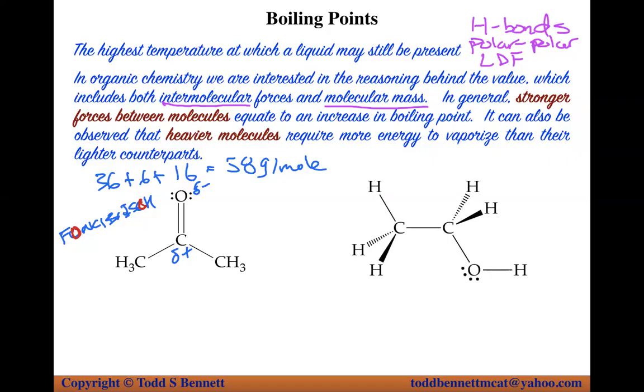Going to compare that to another species known as ethanol. So acetone, and actually I lied, ethanol is only a 2 carbon species with an O. So it's going to be lighter. So let me just do the math. 2 carbons, 24, plus 6 H's, so 6, plus 16 equals 46 grams per mole.